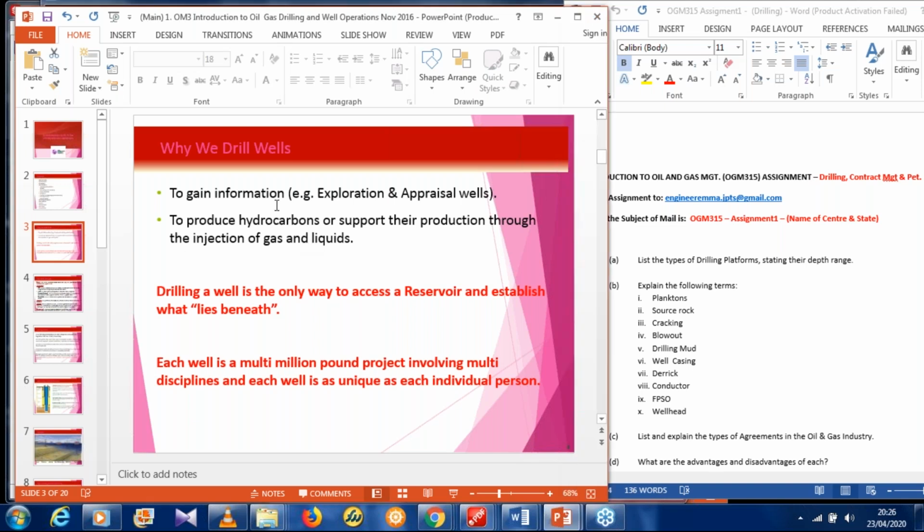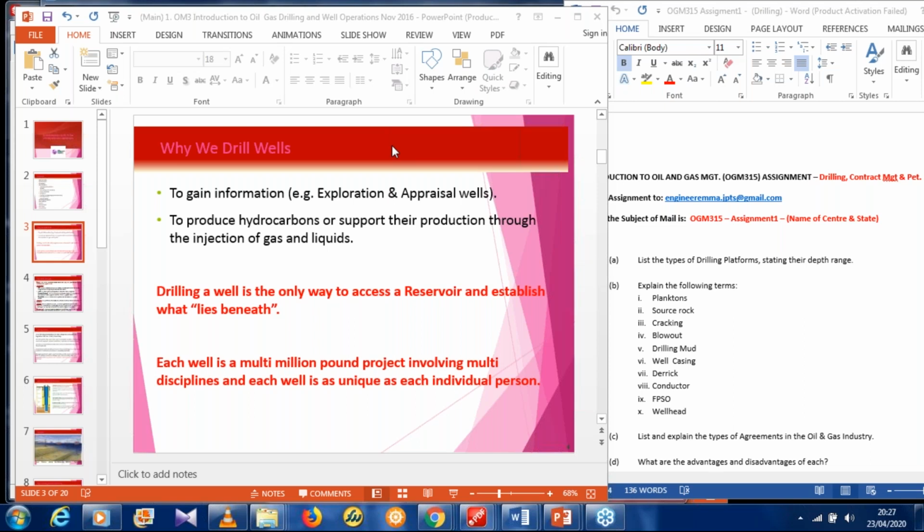Now, what's the gain, or the purpose? What's the reason we need to drill a well? The fact is this: the crude oil that we have buried in the earth, and every other component that comes with it, at the reservoir or the oil reserve, can never come to the surface if it is not drilled out.